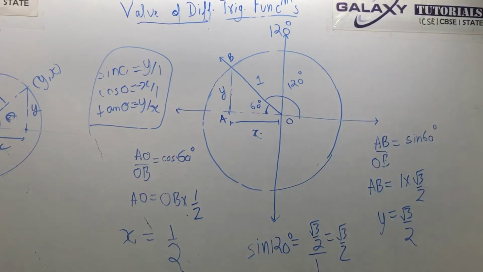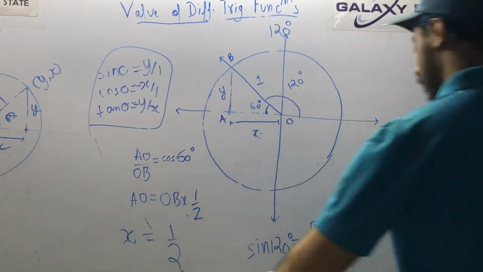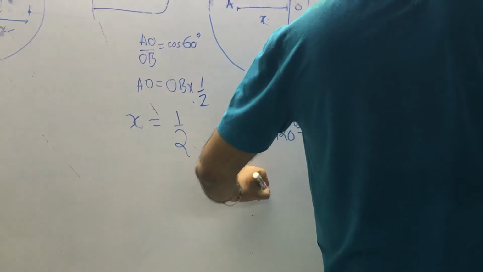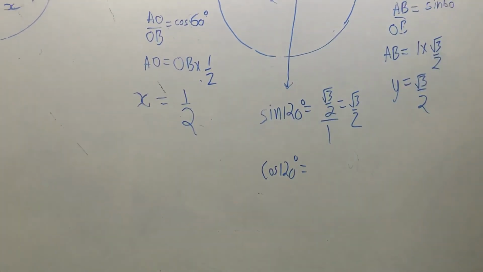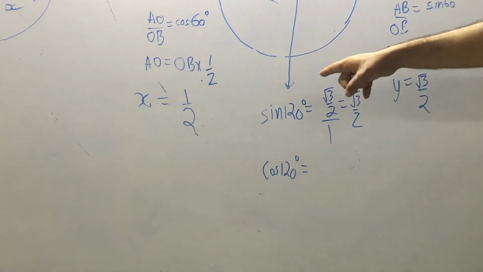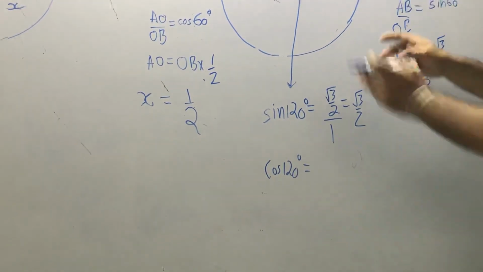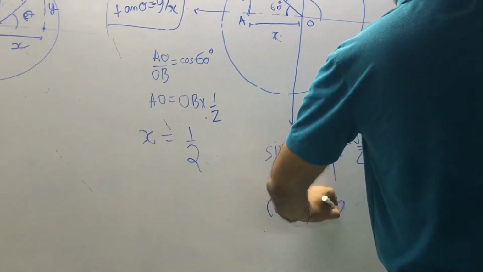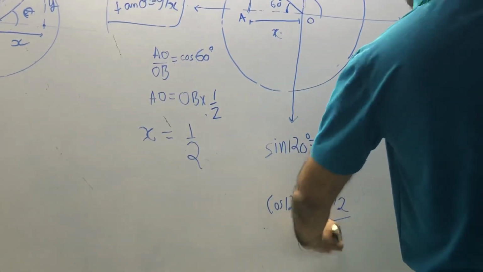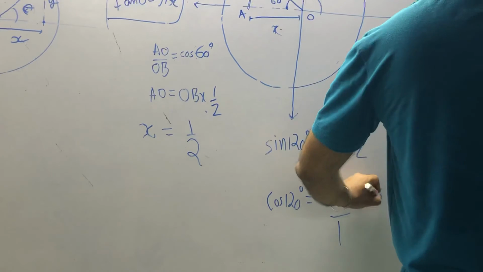Okay, next is the value of cos. Cos 120 is how much? Minus x by 1. So x is 1 by 2, and in this direction it is negative, so I will write minus x. So I will write minus 1 by 2 upon 1. So it is minus 1 by 2.